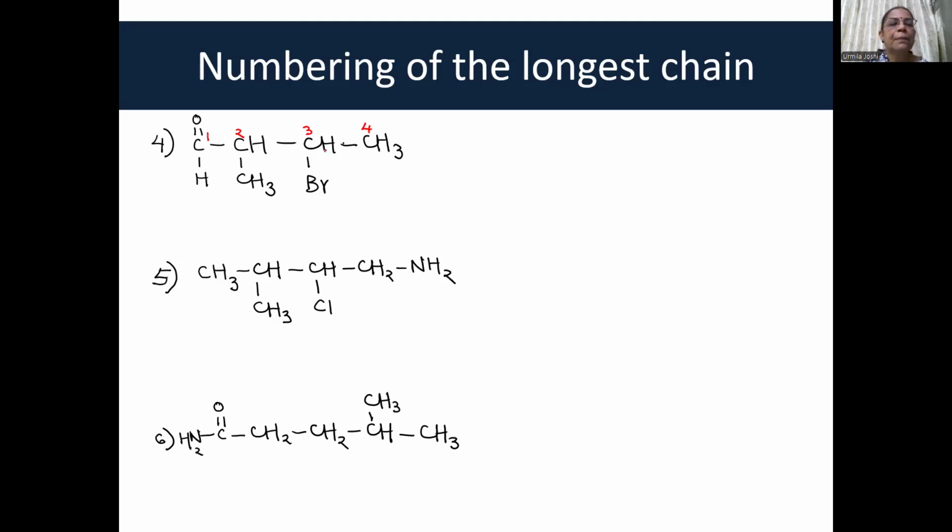When there are such multiple substituents, it is always a practice to put the substituents in alphabetical order. Okay, but don't change the numbering for alphabetical order. So it is going to be 3-bromo, 2-methyl. Remember not to use capital letters. Okay, always use small letters. And this is butanal.